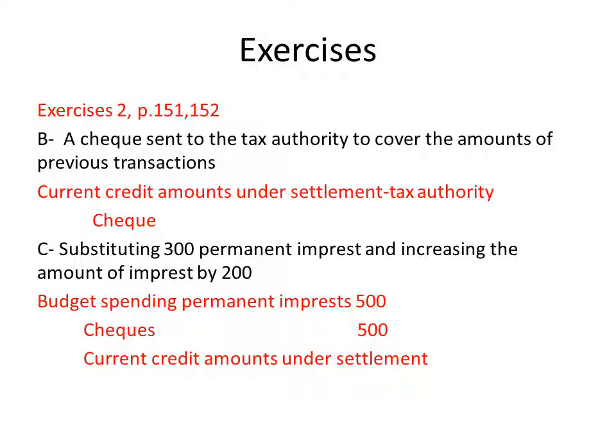C. Substituting 300 permanent interest and increasing the amount of permanent interest by 200. The entry would be budget spending permanent interest 500 and on the credit side checks current credit amount under settlement by 500.